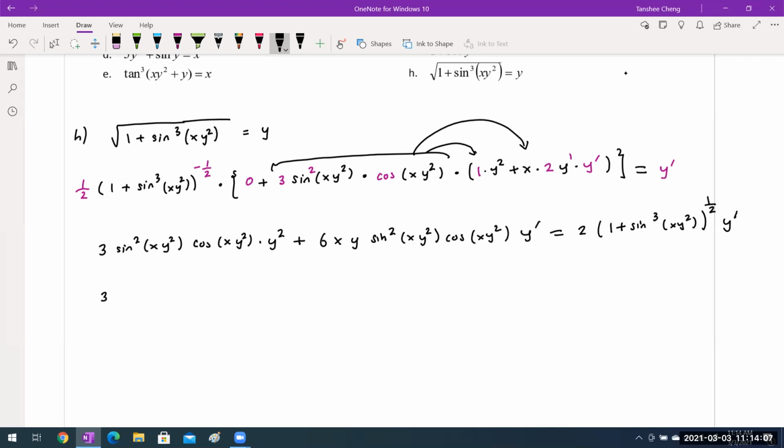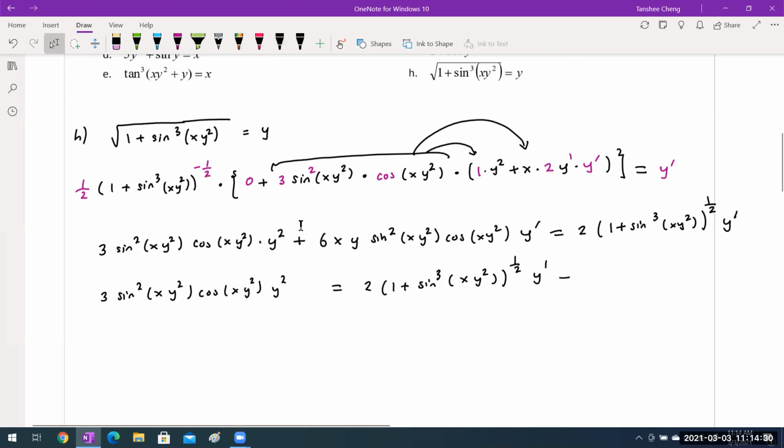So I will have 3 sine squared xy squared cosine xy squared y squared equal to 1 plus sine to the third xy squared quantity to the 1/2 power y prime, minus this whole term, so that all my y prime will be on one side.